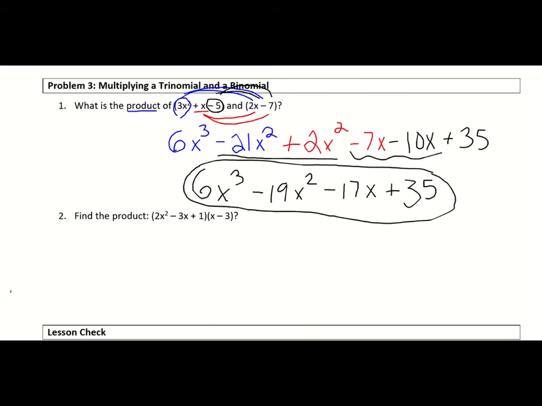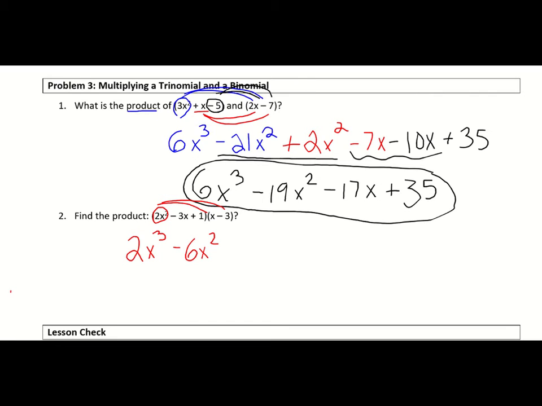So if we also take a look at number 2, 2x squared minus 3x plus 1 is going to be multiplied with x minus 3. So we're going to distribute everything from the first trinomial to the binomial. 2x squared and x would make 2x cubed. 2x squared and negative 3 would make negative 6x squared.